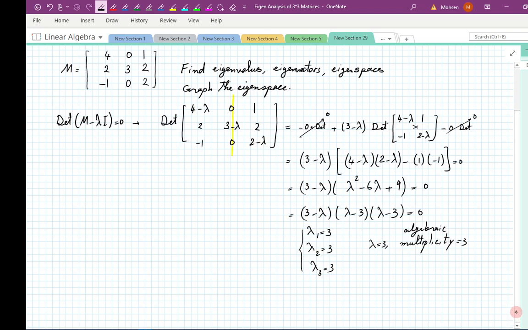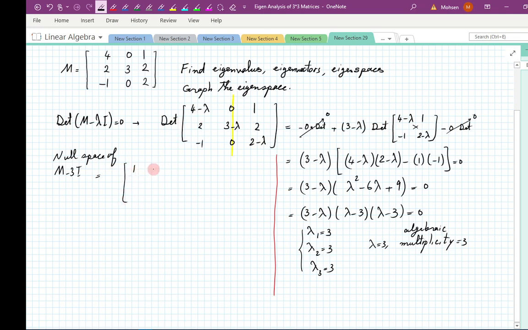Okay, next we are going to take this and plant it in our M minus lambda and find the null space of that. So next step, I'm going to have M minus 3, so instead of lambda we put its value, and then we ask what's the null space of this. Well, what is that matrix?